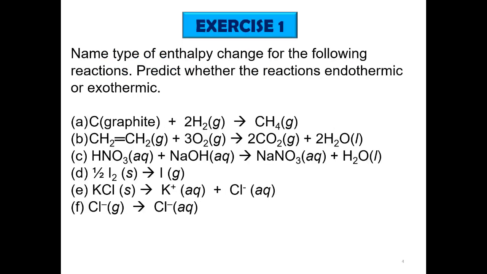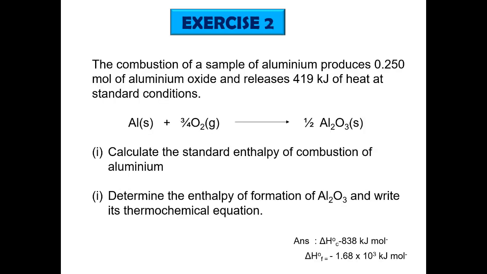This is an exercise to enhance your knowledge about this subtopic. Exercise 1. Name the type of enthalpy change for the following reactions and predict whether the reactions are endothermic or exothermic. Exercise 2. The combustion of a sample of aluminium produces 0.250 mole of aluminium oxide and releases 419 kJ of heat at standard conditions.